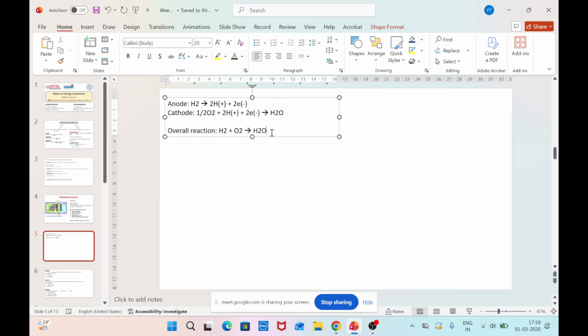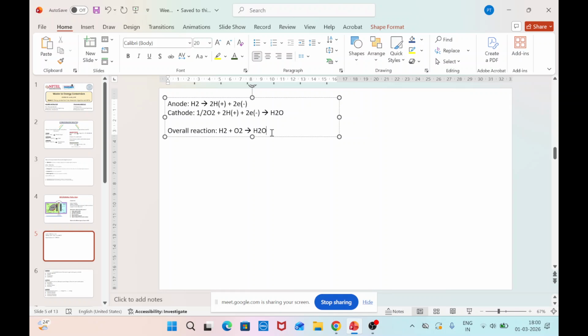This electron is basically responsible for the generation of energy. So from a hydrogen fuel cell, you can actually get clean water. The water that gets produced through this process is an extremely pure form of water. And the second thing is, you can extract energy from this process.